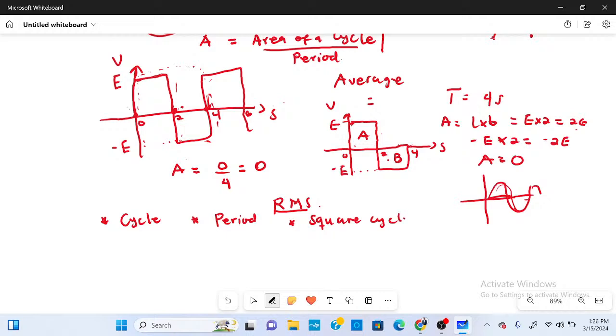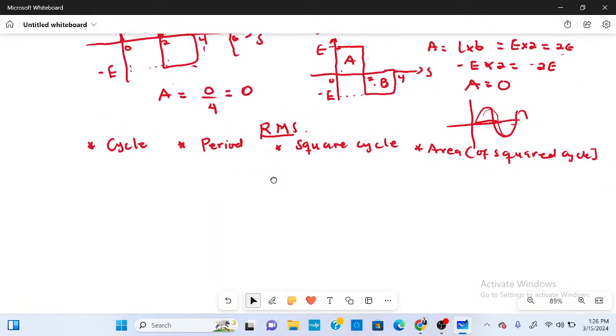So in finding the root mean square, we square the cycle before we find the area of the squared cycle. So these are the steps we follow. You identify a cycle, you find the period, you square the cycle, then you find the area of the squared cycle.